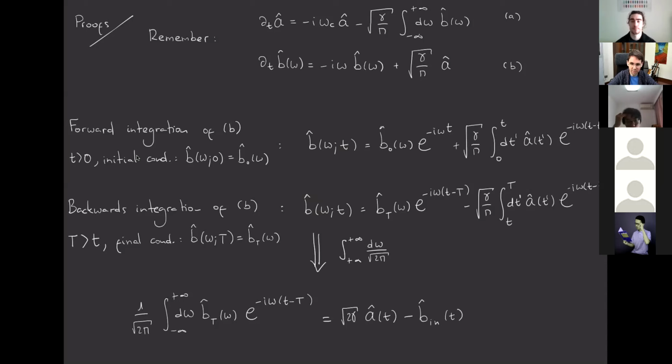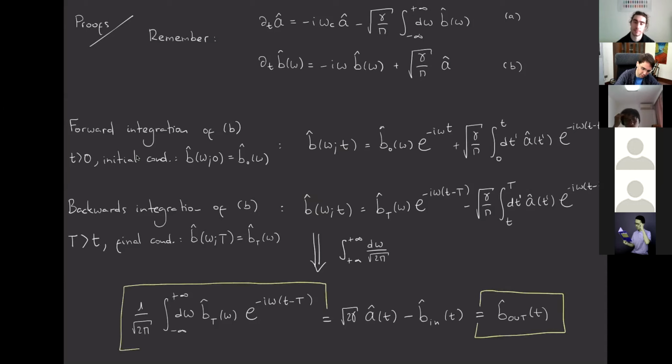Oh, but is this familiar? Well, this is the output operator by definition. I mean, by the definition that we made in the previous section. So this means that this expression here, so this part, is an alternative expression for the output operator, okay?